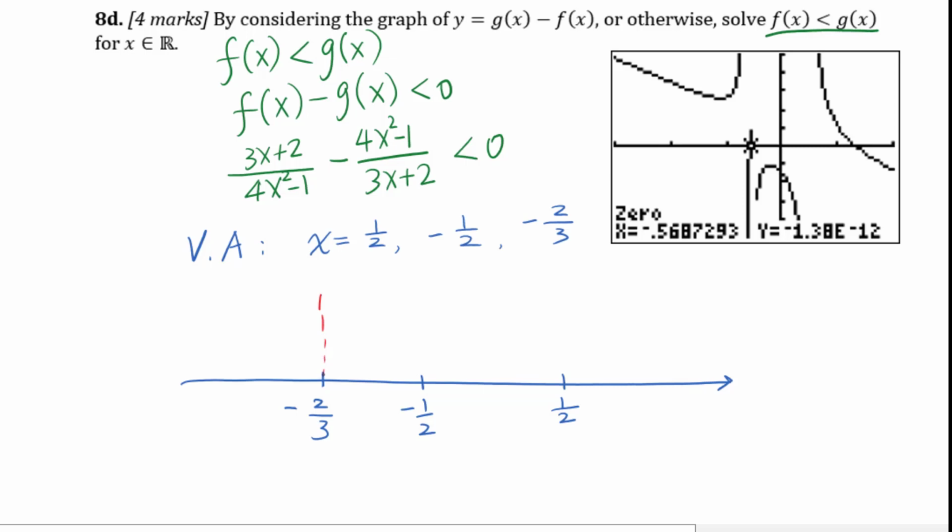Let's go to this sign diagram. We have 3 vertical asymptote lines. And we already got 1.32 is a root, and negative 0.569 is the second root.